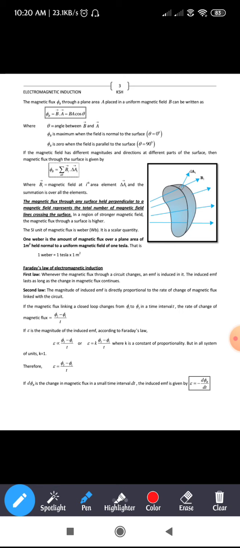If the rate of change of magnetic flux changes very slowly, the induced EMF will be a small one. Hence it is directly proportional.